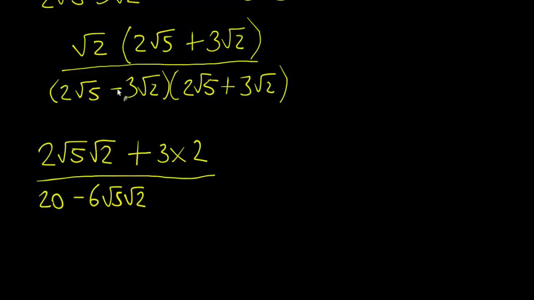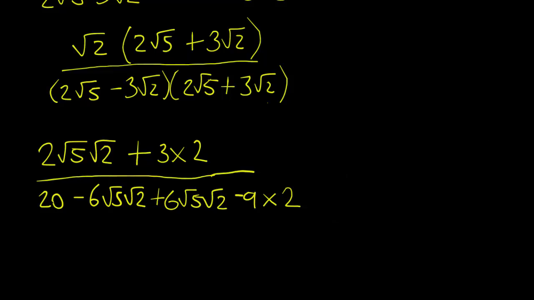And then we do minus 3 root 2 times 2 root 5, which will give us minus 6 root 5 root 2. And then the final term is from minus 3 root 2 times plus 3 root 2, so that will give us minus 3 times 3 is 9, and then root 2 times root 2 is 2.